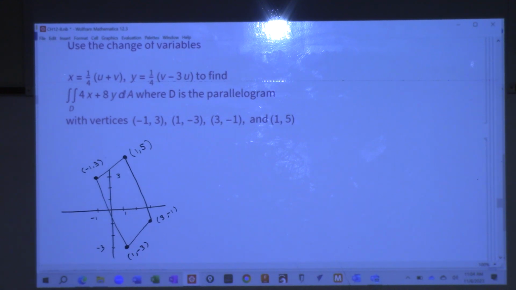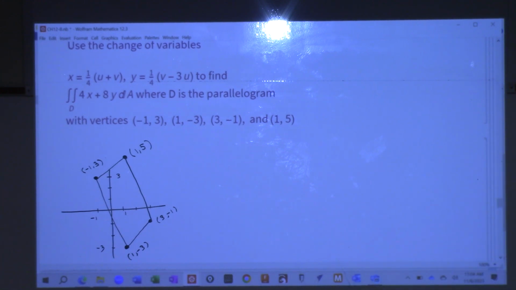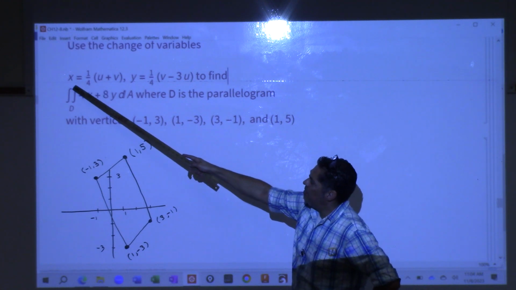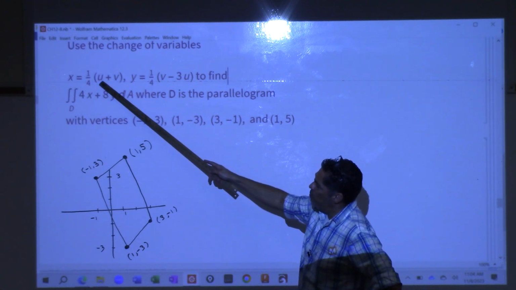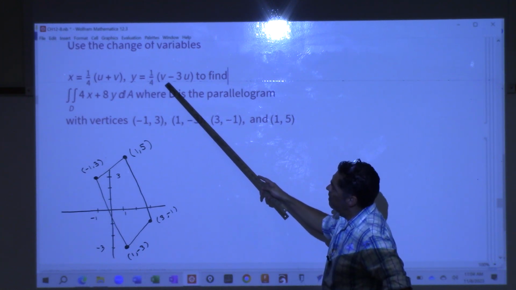All right, so you've been given the actual change of variables, right? They've been given to us. These are the change of variables right here. So I'm taking x and replacing it with 1/4 u plus v, and then taking y and replacing it with 1/4 v minus 3u.